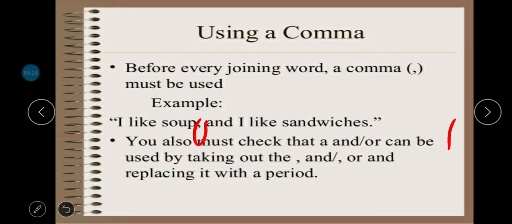Then you can also check that and, or can be used by taking out the and, or and replacing it with a period. So we can also remove and, or and use some other word depicting the time period.